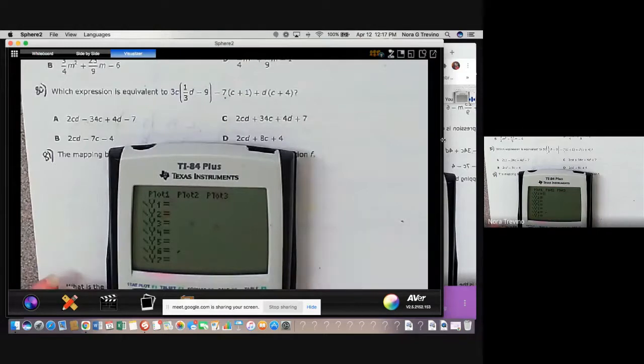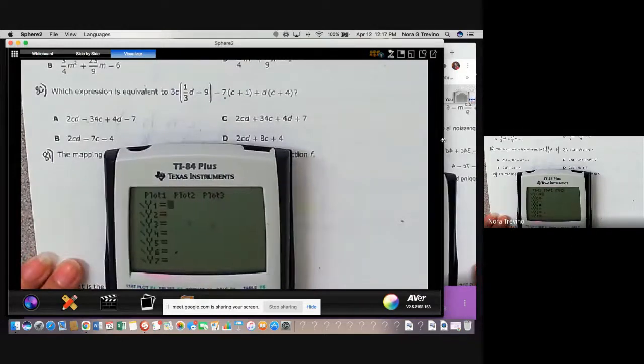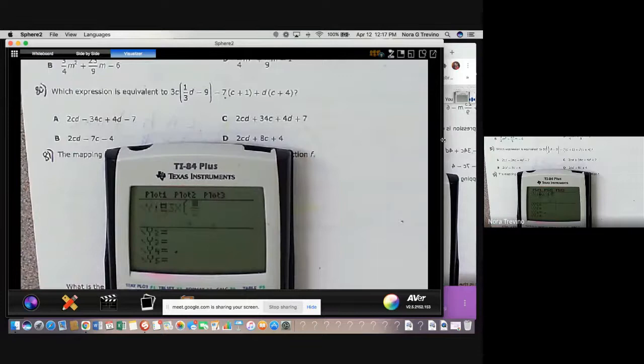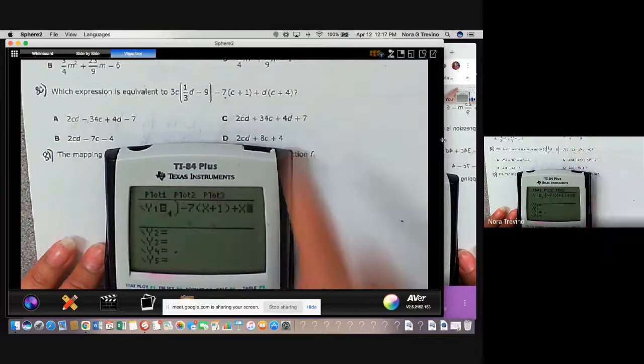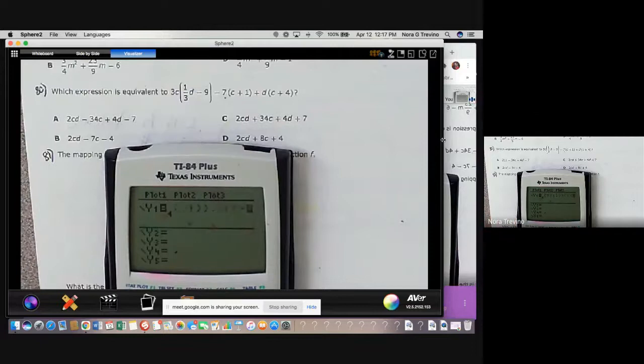Same thing, just use x's. 3x, parentheses, 1/3, so alpha y equals enter, 1/3, and I have to keep using x because I cannot use any other letter, minus 9, close the parentheses, minus 7, open parentheses, x plus 1, close the parentheses, plus x, because I can't put letter D there, parentheses, x again, because I cannot put C, plus 4, close the parentheses. So that was the original problem.